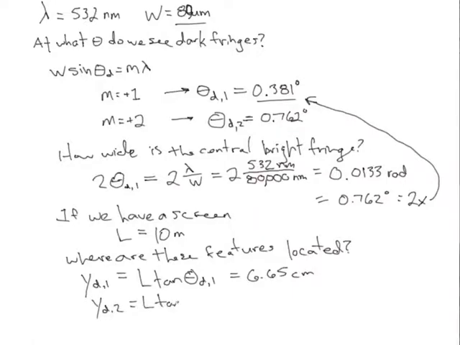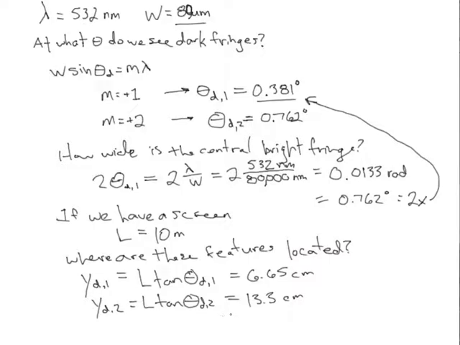We can do the same thing for the second dark fringe. And it's located then 13.3 centimeters away.